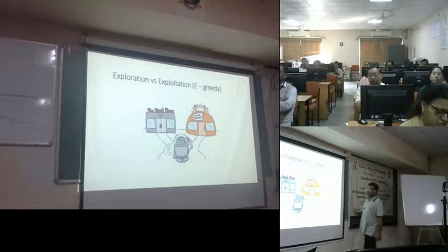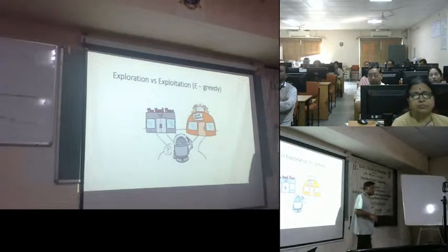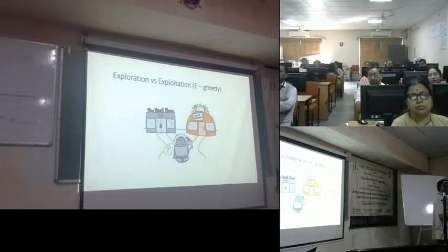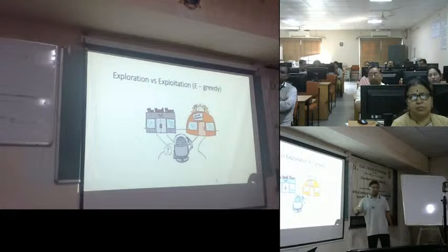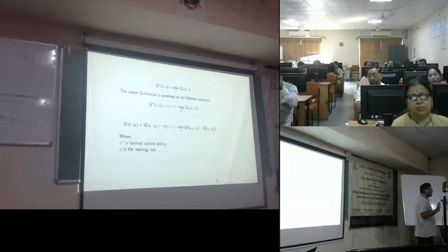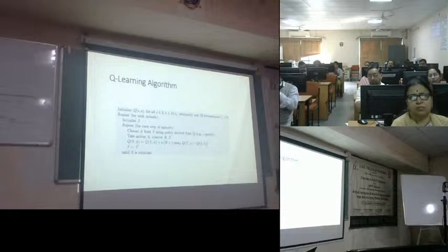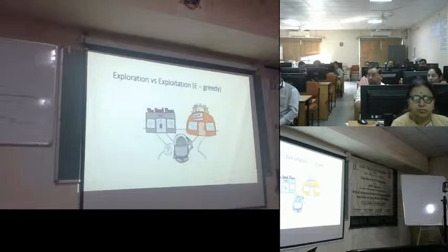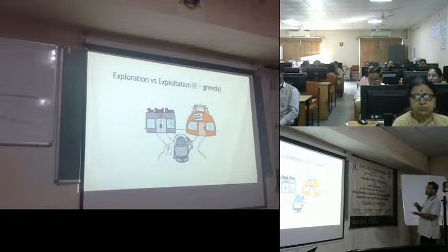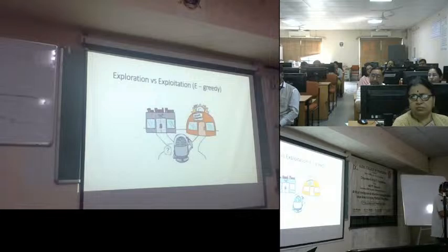So depending on how much exploration and how much exploitation you do, your algorithm changes. That alpha is basically making the choice between how much exploration should be done and how much exploitation should be done. So if you have a lower alpha, that means you are doing more exploration, and when you have a higher alpha, it is the other way around.